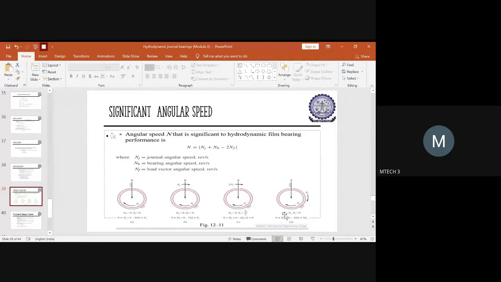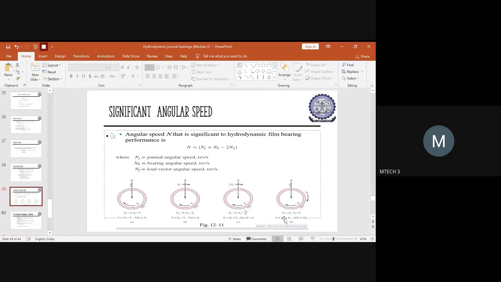So in place of nb you will write nj and you will have one more nj. So nj plus nj, then the angular speed will be twice the angular speed of the journal, because the speed with which the journal is rotating is assumed to be the same as the speed with which the bearing is rotating, and hence nb will be equal to nj.